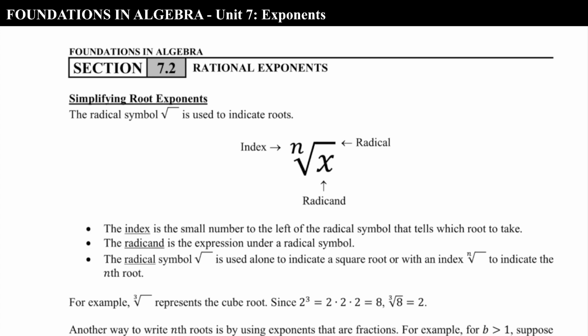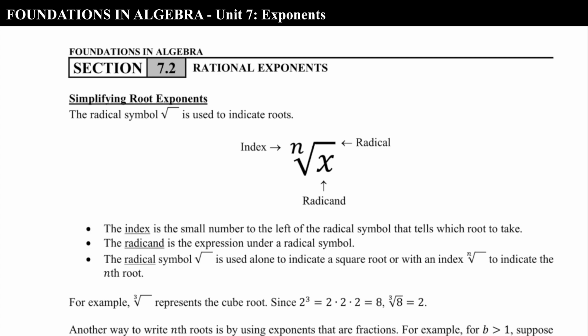So let's start off this section by talking about what roots are. The radical symbol is used to indicate roots, and we've got three parts to it. You have the variable or the number that's inside the root symbol, which is the radicand, the root symbol itself, which we call the radical, and then you have a number on the outside, which is the index.